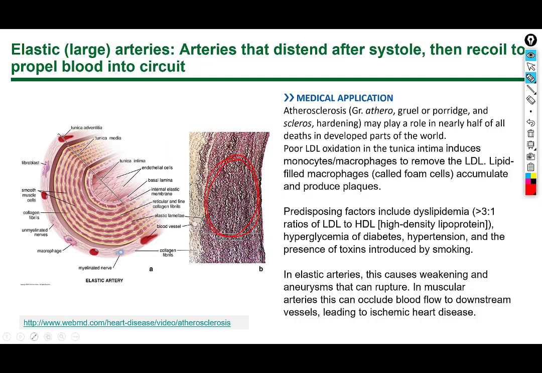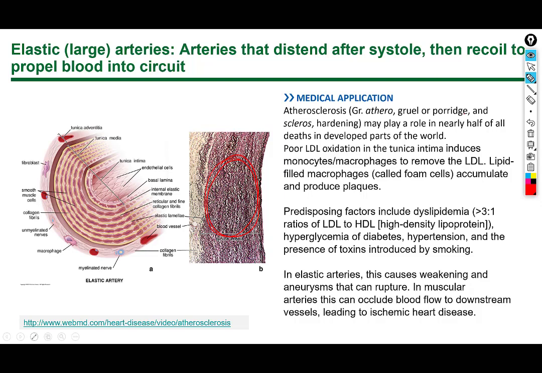So hyperglycemia from diabetes can also cause this. Hypertension can also cause this, and so can the toxins that are introduced into the bloodstream through the lungs from smoking. If the artery affected is an elastic artery, the wall where the plaque is no longer quite as elastic, and so that weakens the spot on the artery and can cause a rupturing aneurysm.